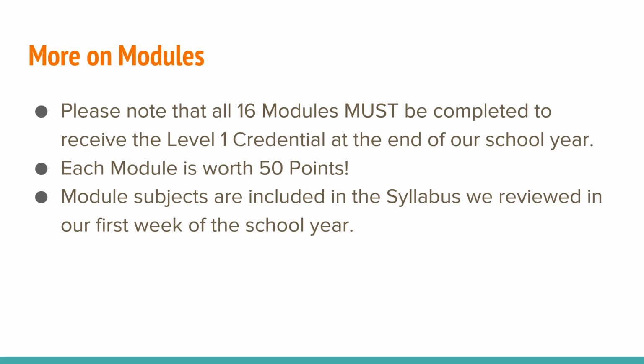Should you want to know what we're learning at different times, I covered the different module subjects in the syllabus that we reviewed at the beginning of our school year, so you might want to pull out that syllabus just so you know what Module 1, 2, and so on are. And we will begin Module 1 on Tuesday after I have shared this on Monday.